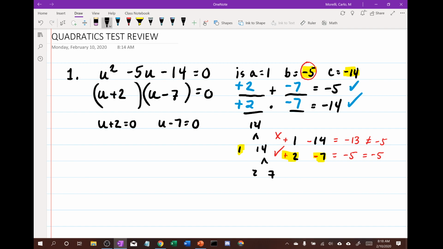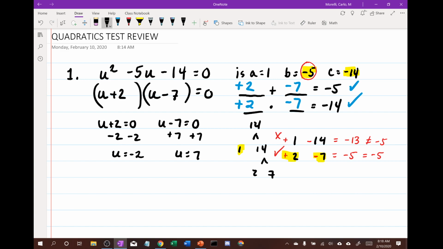To solve these tiny linear equations, we just subtract 2 from both sides here, and u equals negative 2. And here we add 7 to both sides, so u equals 7.